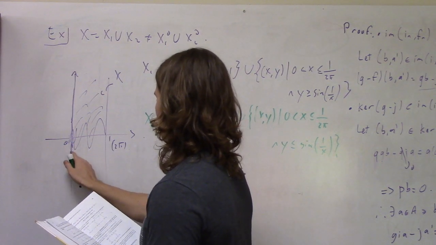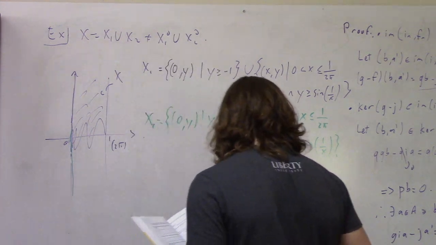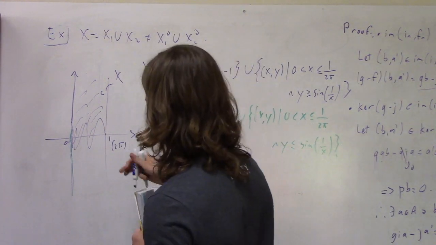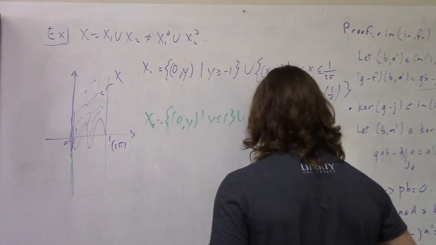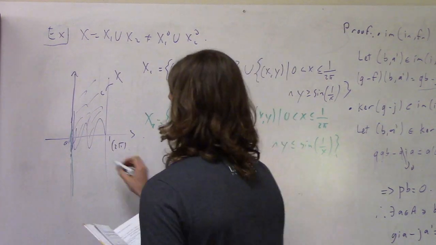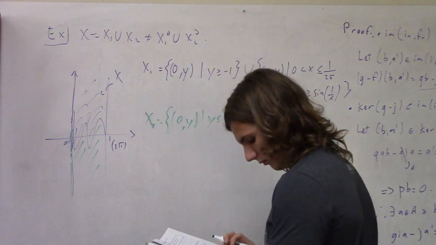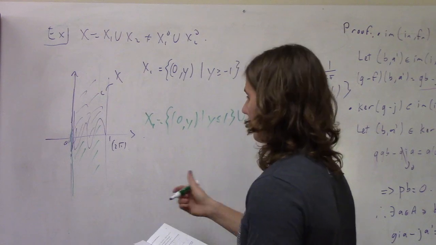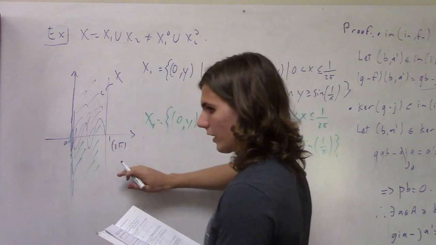The intersection between these two things is just, then we also have everything less. And so we can see that the green union the purple is equal to all of X.